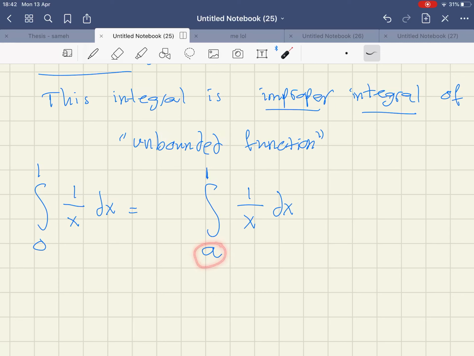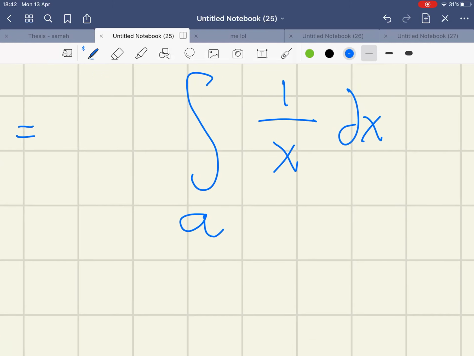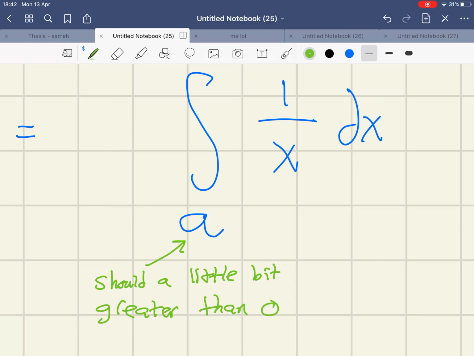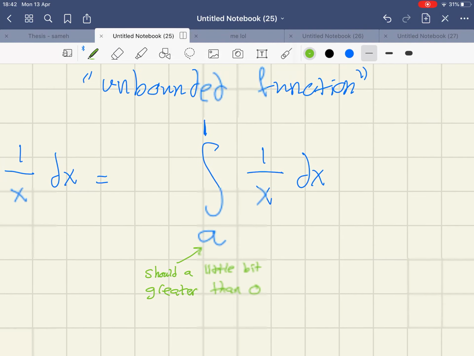So a should be a little bit greater than 0. Why a little bit greater than 0? Because I'm just trying to avoid starting from 0. So I need to start from something a little bit greater than 0.